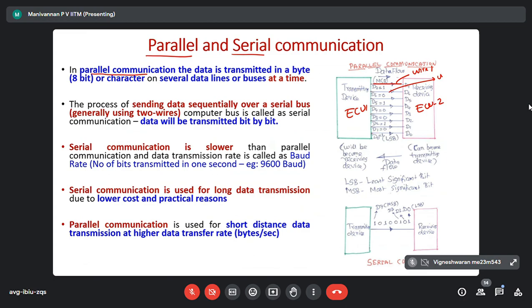You can see that there are 8 wires. They are all connected in parallel, from device A to device B, as a bundle. So the data is transmitted simultaneously: I want to transmit 8-bit information from ECU1 to ECU2.